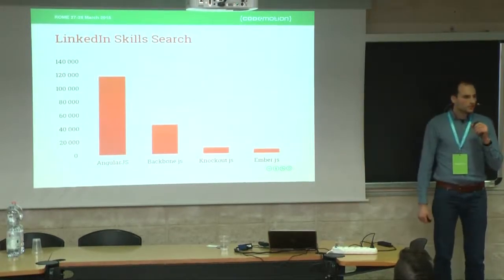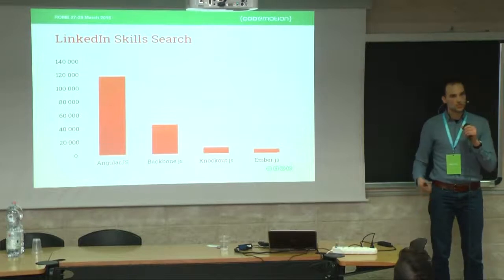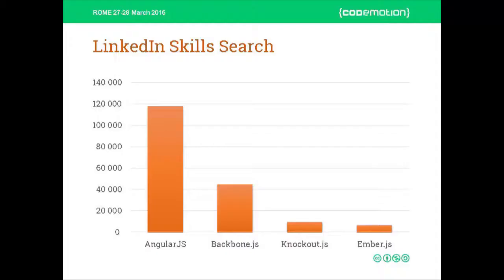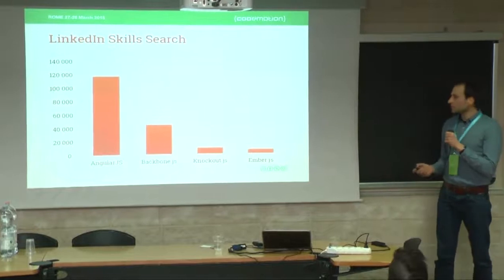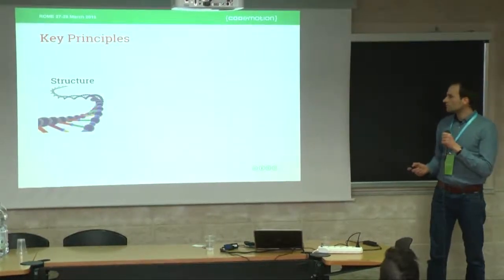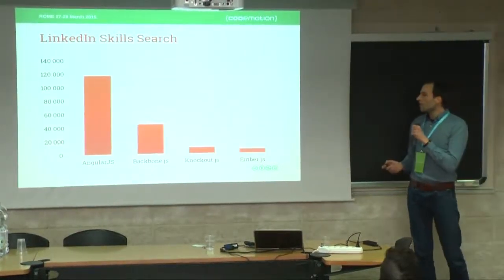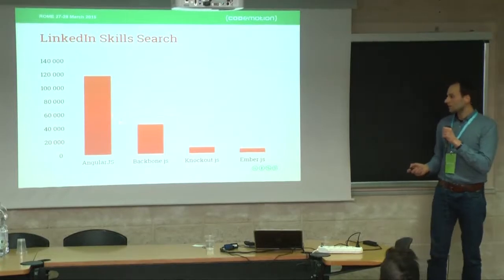This here is LinkedIn skills. You know that in LinkedIn you can put some skills. So maybe after this topic or after you read the book about Angular, you can also add it if you don't have it already. But basically, this shows what people are actually using.